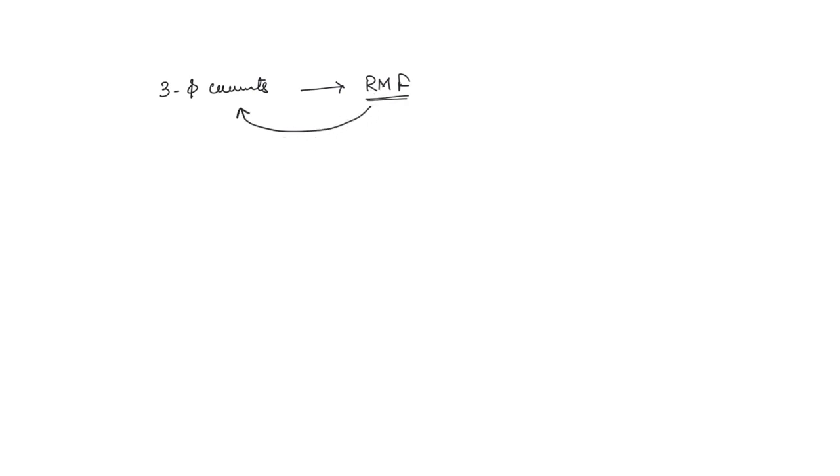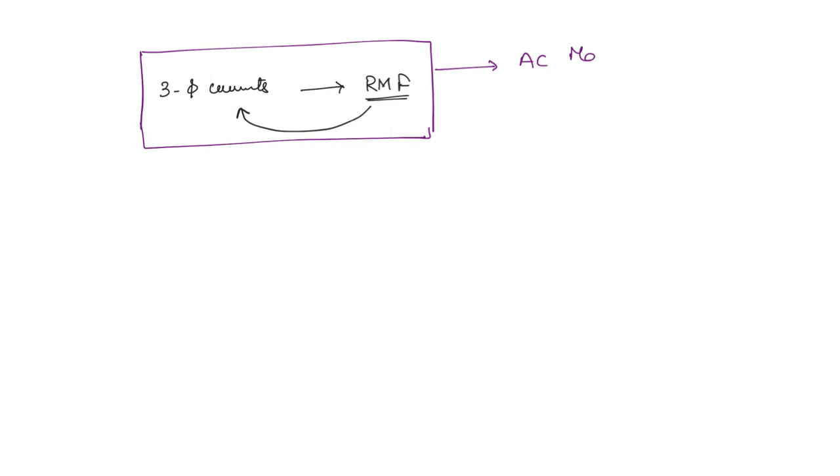This is the basic point that you need to know if you have to understand the working of AC machines. What are the 2 AC machines that we are going to study? Induction machines and synchronous machines. Both of them will make use of the rotating magnetic field. And in the induction machine you will have motor and generator. In synchronous machine also you will have motor and generator.